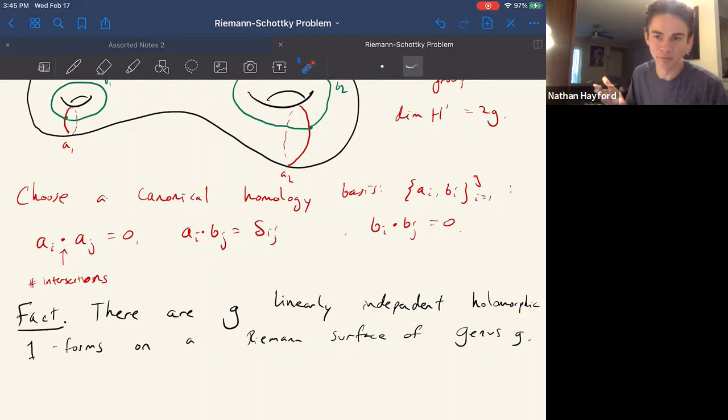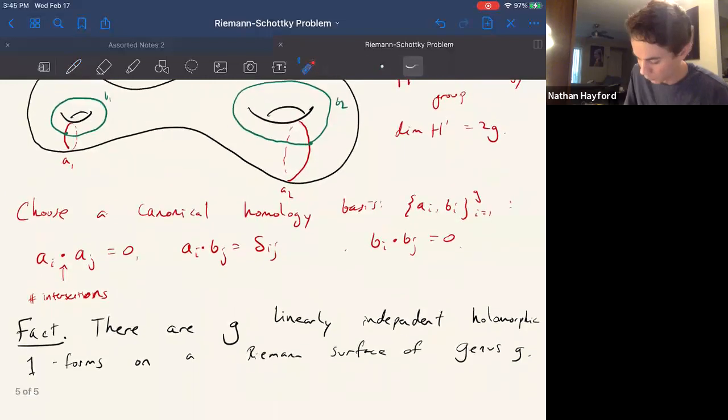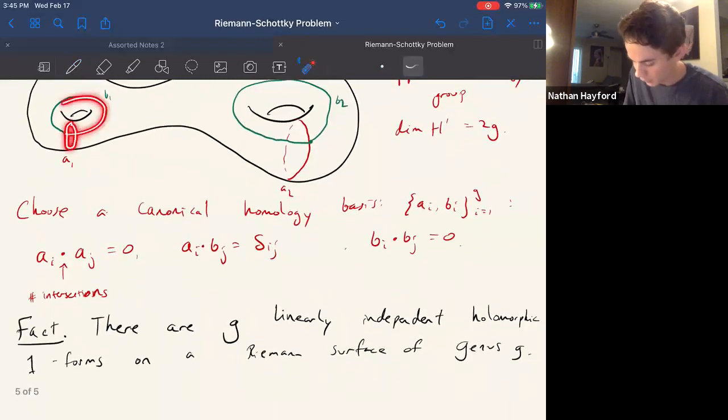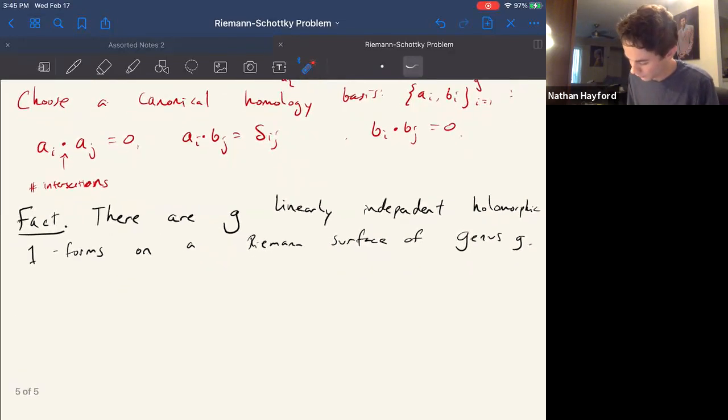In the genus 1 case, dz is the one, and there's no other. And for higher genus, there's an explicit construction that goes off two facts. One is you can construct one forms which are non-vanishing on each cycle and vanish on all other cycles. And second, you can make them harmonic, and then combine them in ways that they're holomorphic. So that's where this fact comes from.